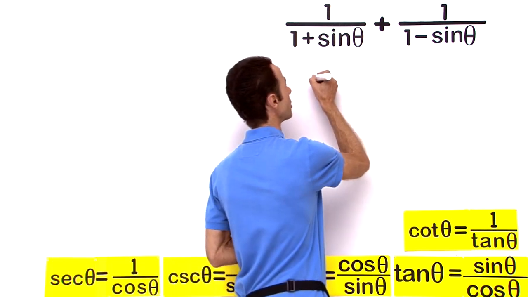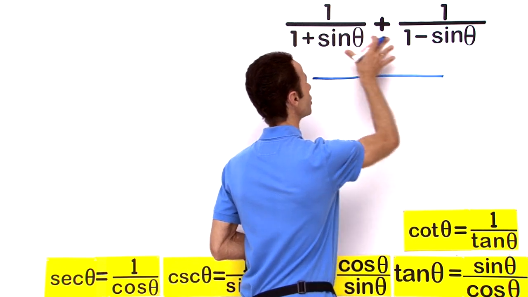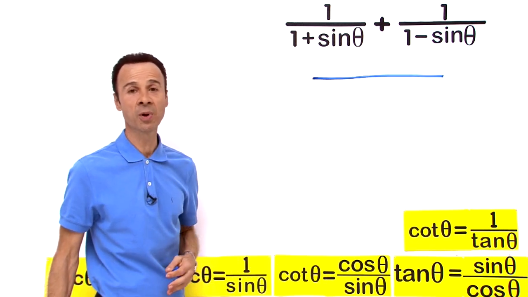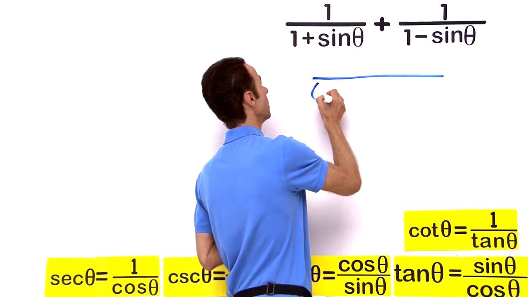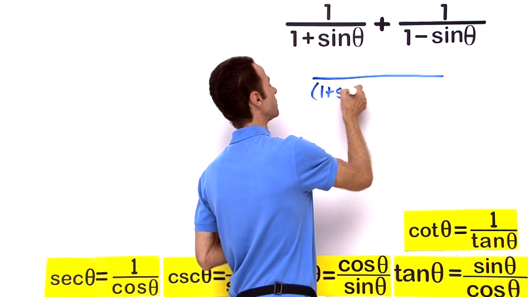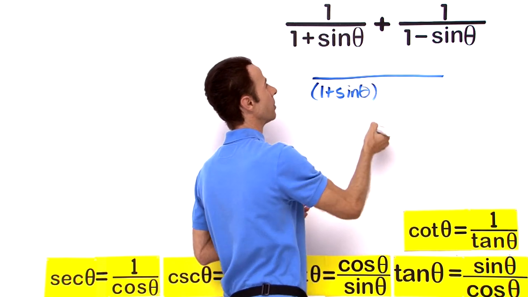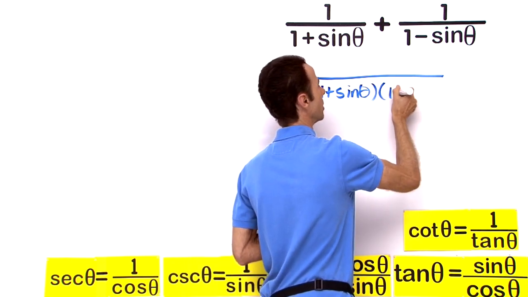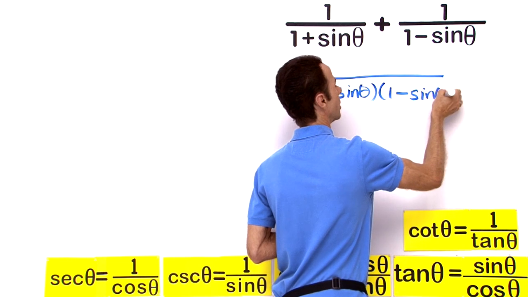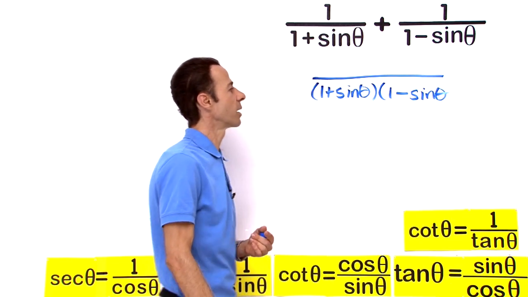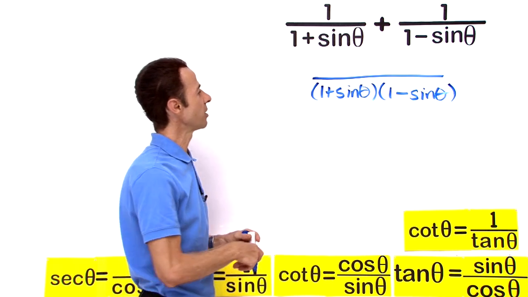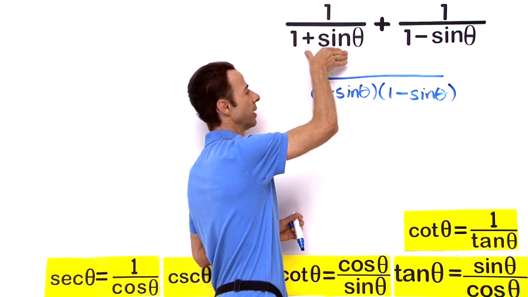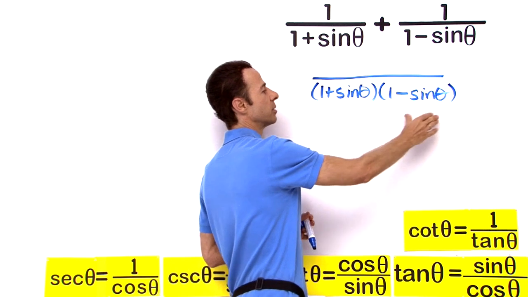So let me just put the line across here. For the lowest common denominator, I like to just multiply the two denominators that we have here already. So I'll put it down as 1 plus sine theta in brackets and drag this down here, just like that. Let me close brackets over there. Now let's divide the denominator into this part and it'll yield this part.